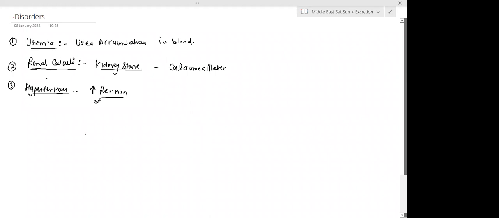All right, and next is renal failure, means kidney failure. Renal failure. Note it down. Renal failure or kidney failure. It is the decrease or stoppage of glomerular filtration.